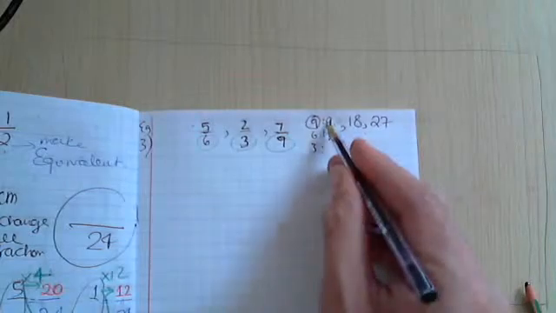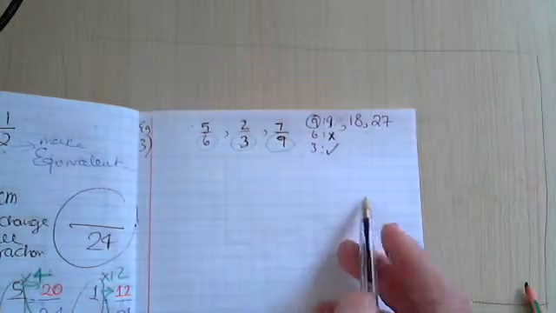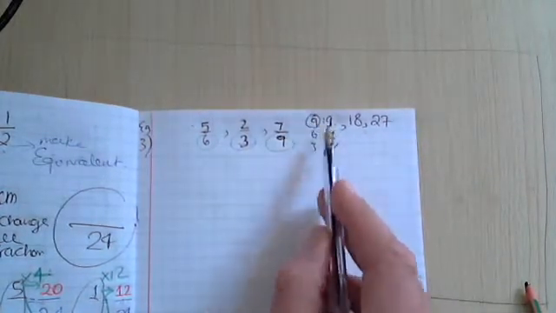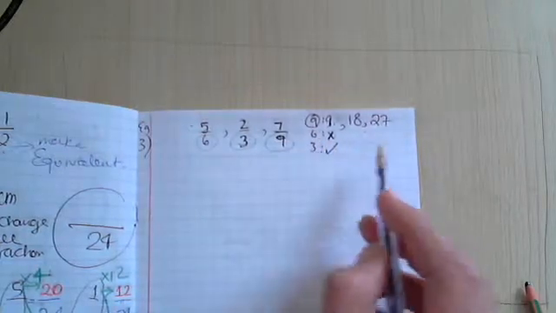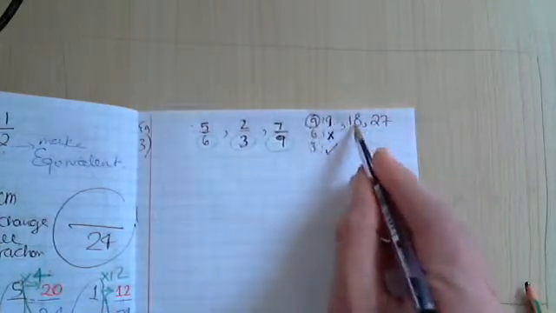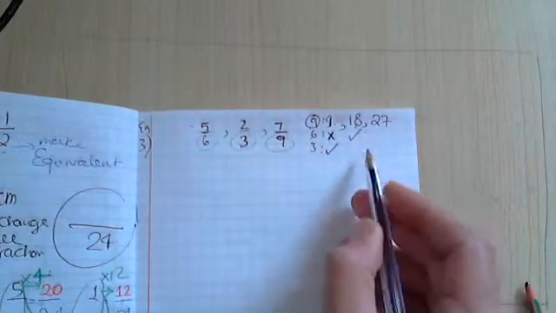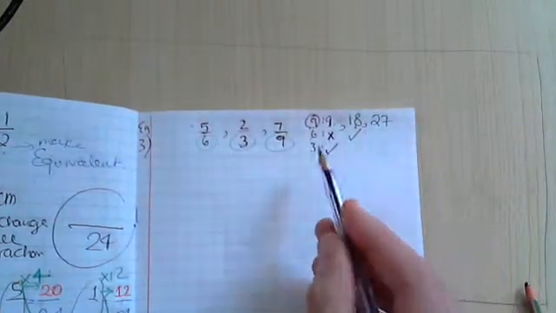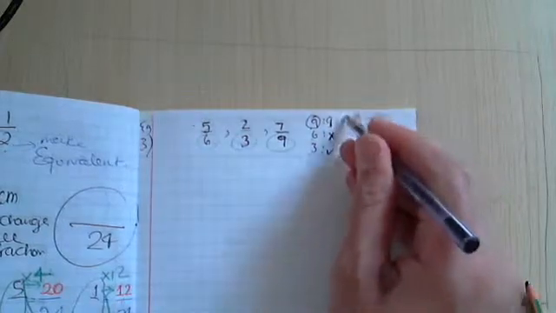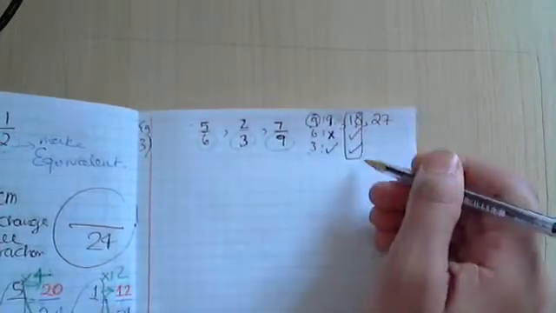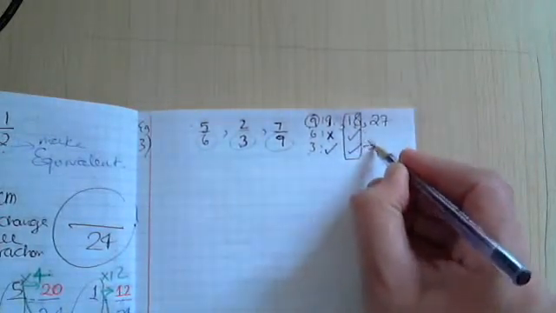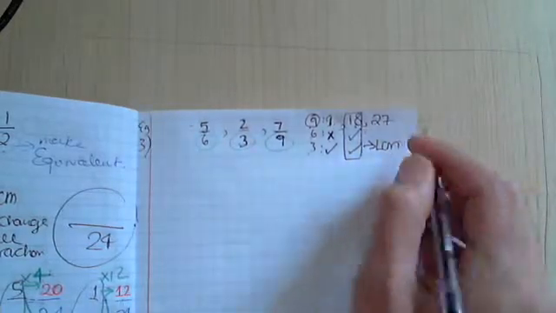No. Is 9 in the 3 times table? Yes. So it's in the 9 times table and 3 but not in the 6. That's not good. 18. 9 times by 2 is 18. Is 18 in the 6 times table? It is. Is 18 in the 3 times table? It is. So we have very quickly found our LCM, the lowest common multiple.